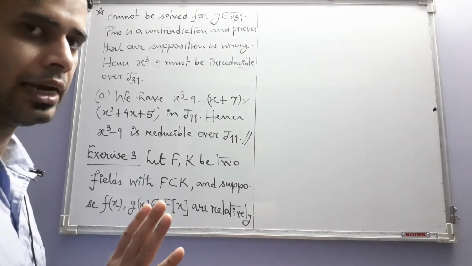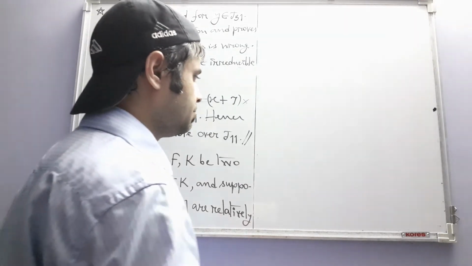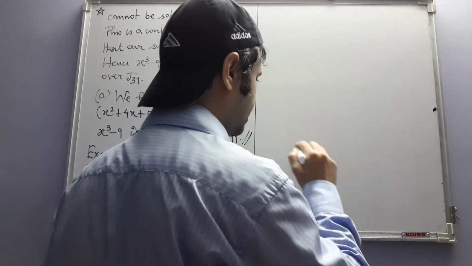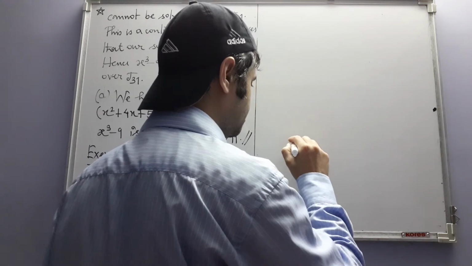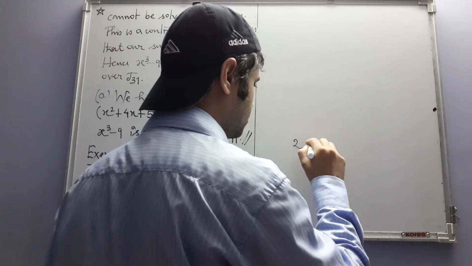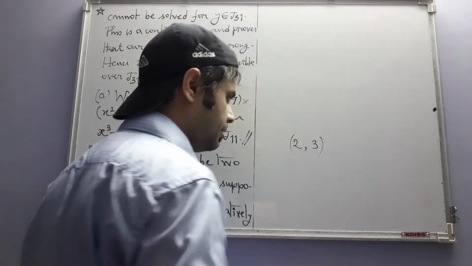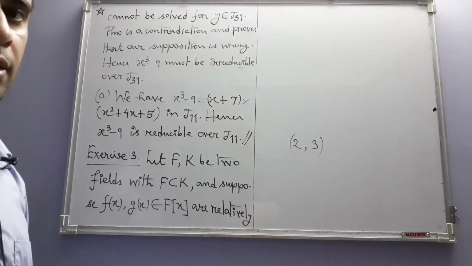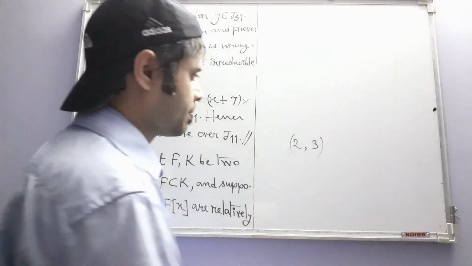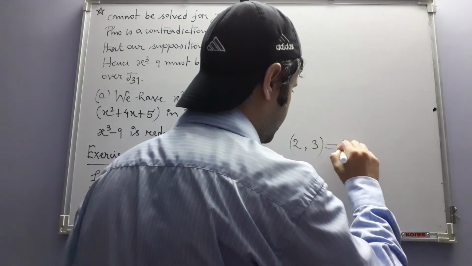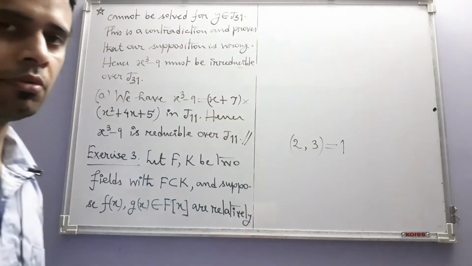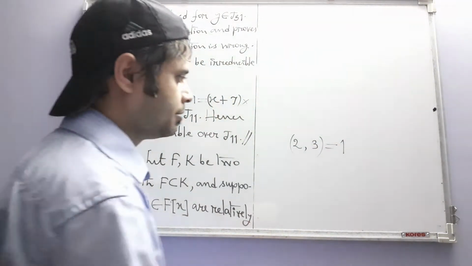You get that many GCDs. For example, in the ring of integers, that is also a Euclidean ring, the integers 2 and 3 are relatively prime and their GCD is 1, that's why they are relatively prime.